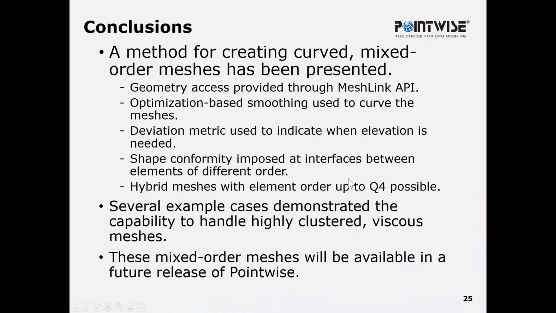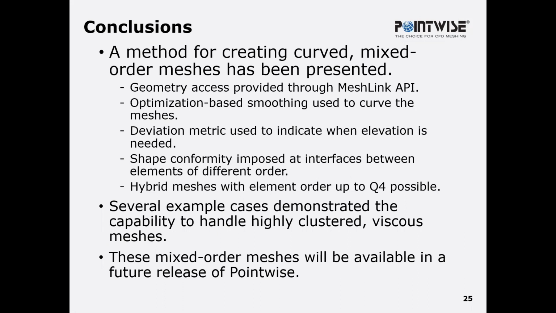So to conclude, a method for creating curved mixed order meshes has been presented. The geometry access is provided through the MeshLink API, so that every elevation of the surface elements is completely linked to the underlying surfaces of the geometry.